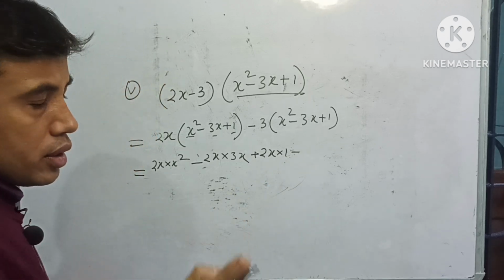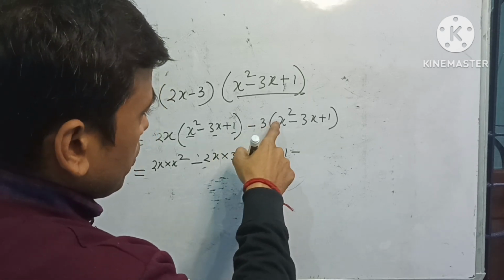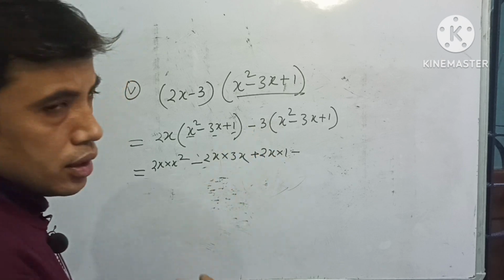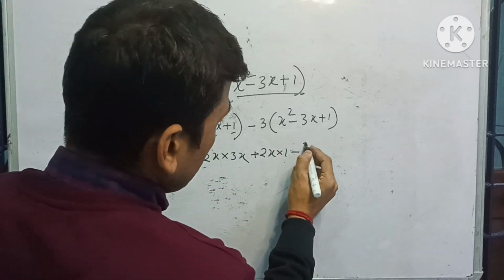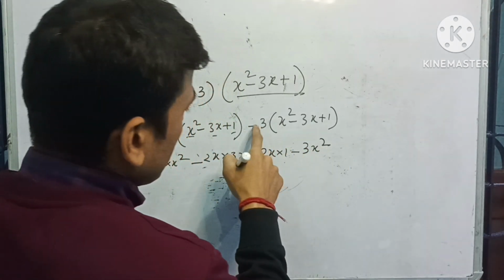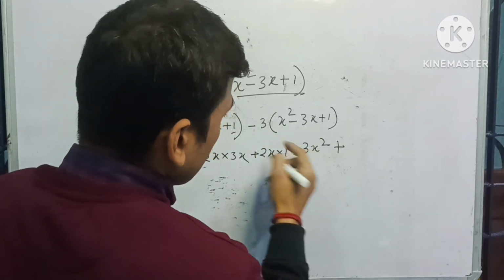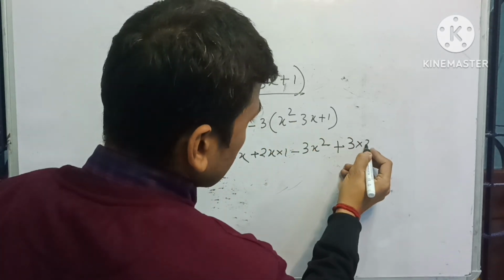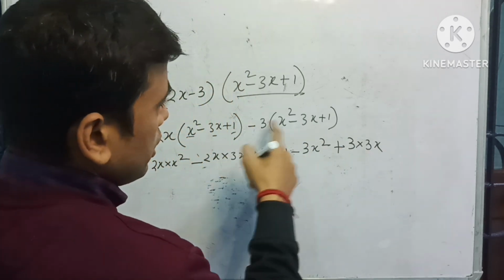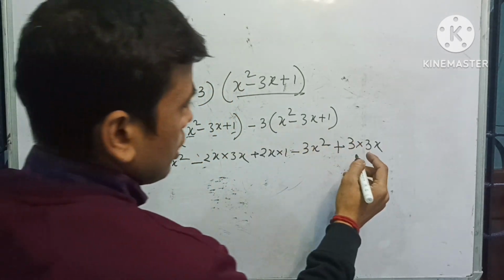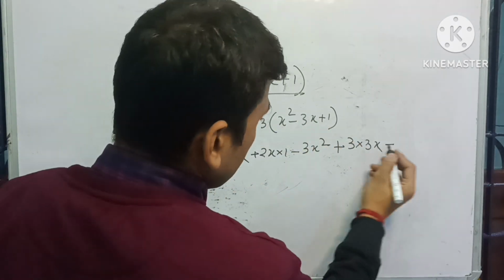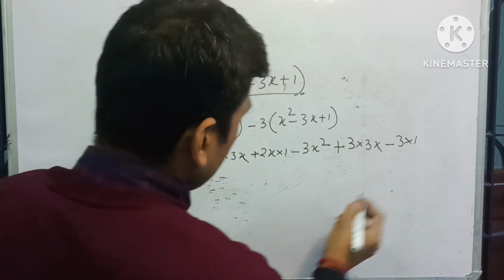Here minus into plus, minus 3 into x square. Here minus into minus, plus 3 into 3x. Minus 3, here plus 1. Minus into plus, minus 3 into 1, 3.